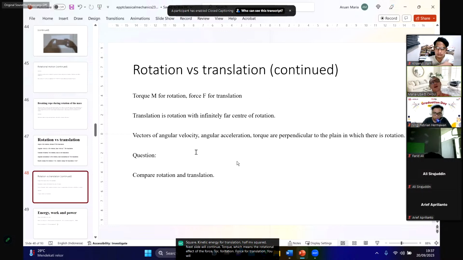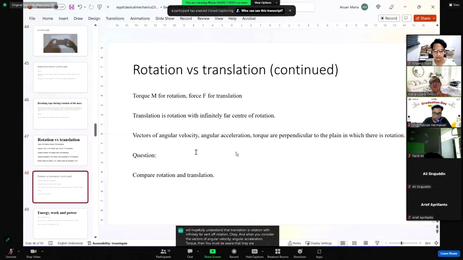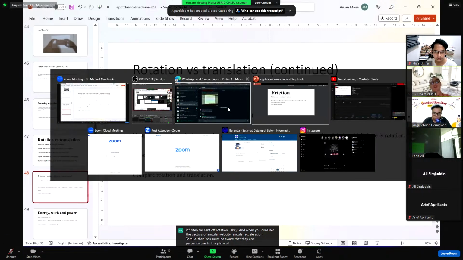You will hopefully understand that translation is rotation with infinitely far center of rotation. Okay? And when you consider the vectors of angular velocity, angular acceleration, torque, then you must be aware that they are perpendicular to the plane of rotation.